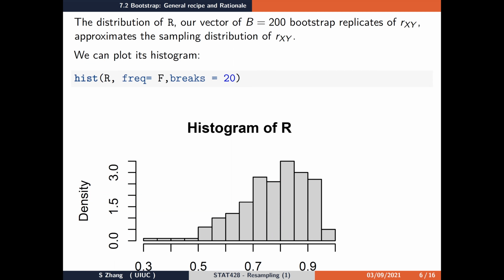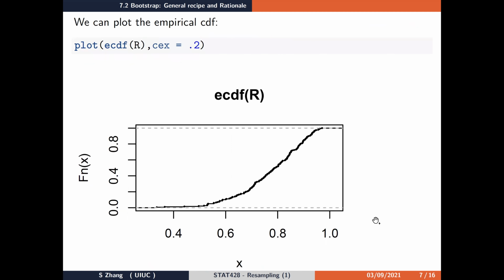We can plot its histogram, which is given by hist of R. If you want the density, you can set freq equals FALSE. It shows you the distribution of the bootstrap samples across the 200 replications. Or we can also plot the empirical CDF.